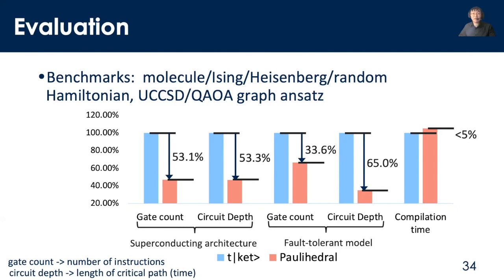As you can see, by adding Paulihedral compilation, we are able to have a very significant reduction in both gate count and circuit depths on superconducting architectures and also the fault-tolerant quantum computer models. And the overhead is quite small. We only need less than 5% of additional compilation time in the entire flow.